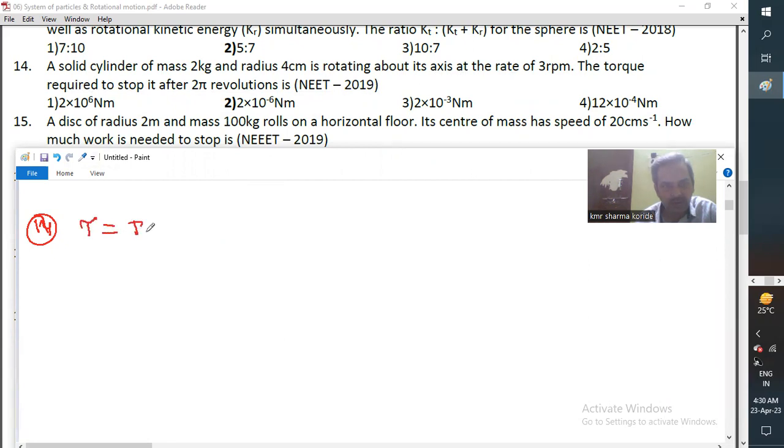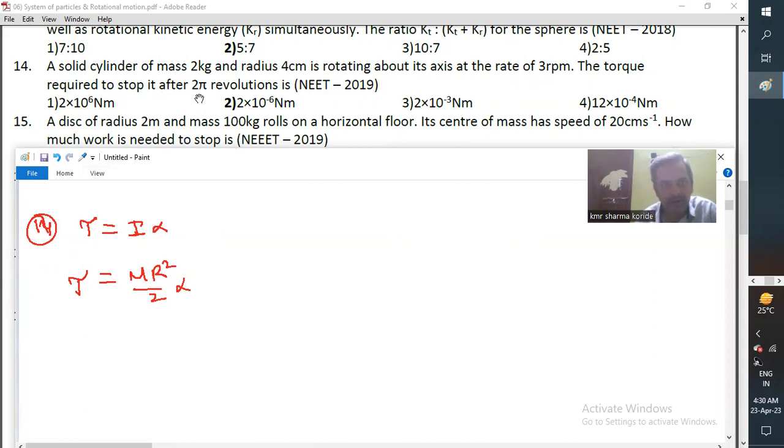Torque is equal to I alpha. For the case of a solid cylinder, it is almost similar to a disk. Moment of inertia will be mr square by 2, and alpha. So alpha we need to find out, because they mentioned omega in the question.